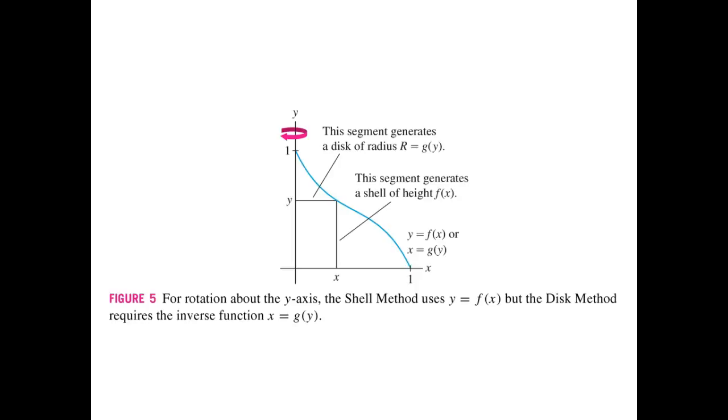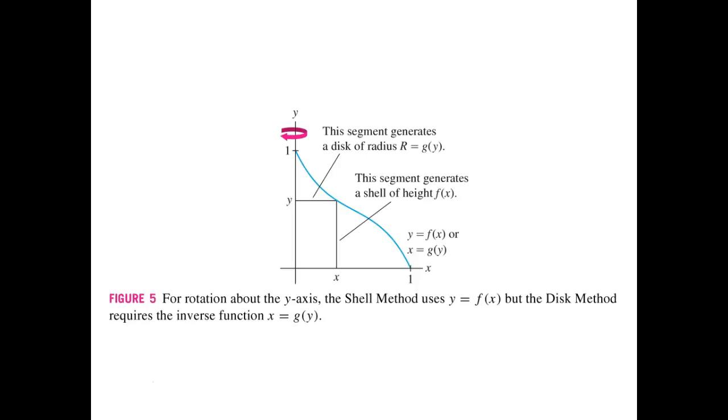Now, some functions that's easy to do, and if it is, go with whichever one you like better. But some functions are almost impossible to change the variables, and are really messy. So if you don't want to go through that mess, use the shell.